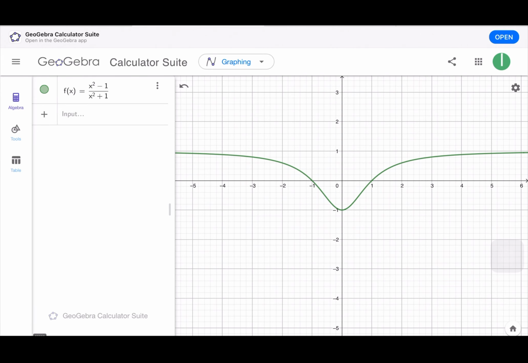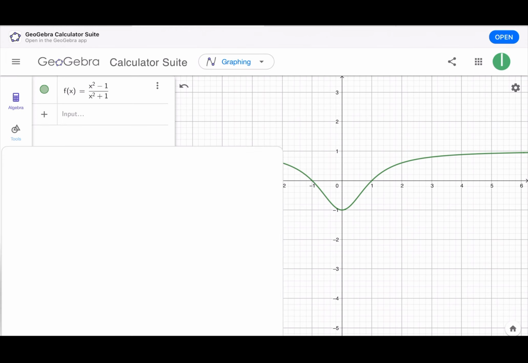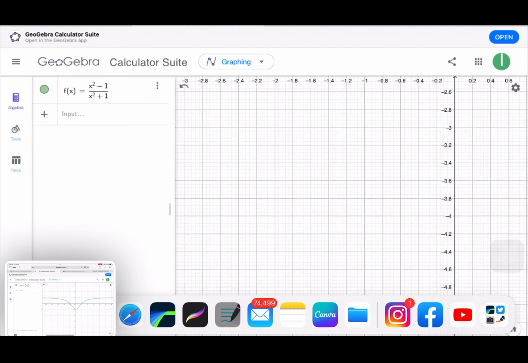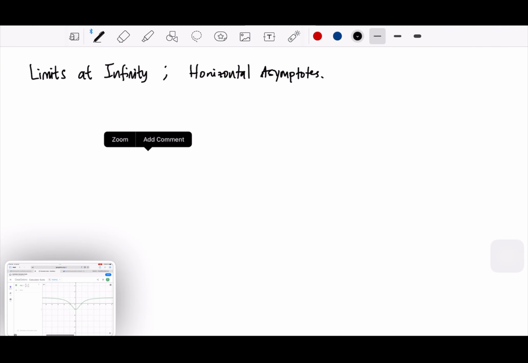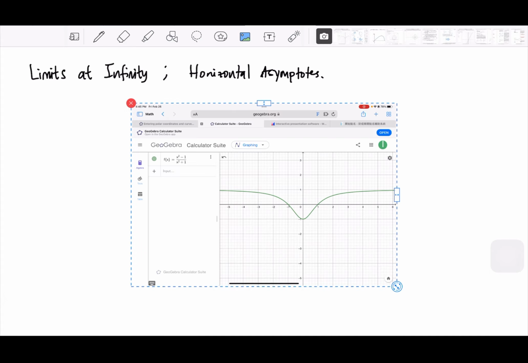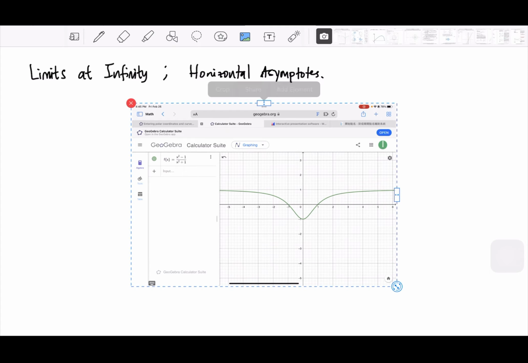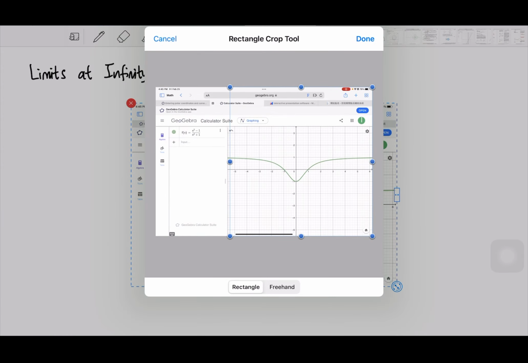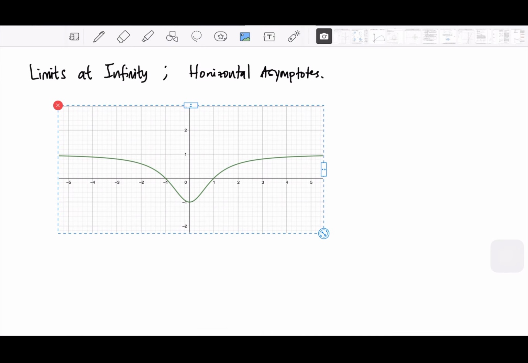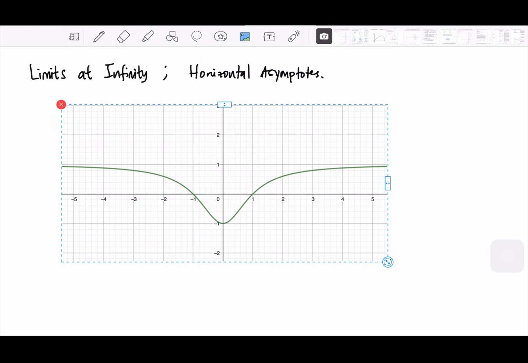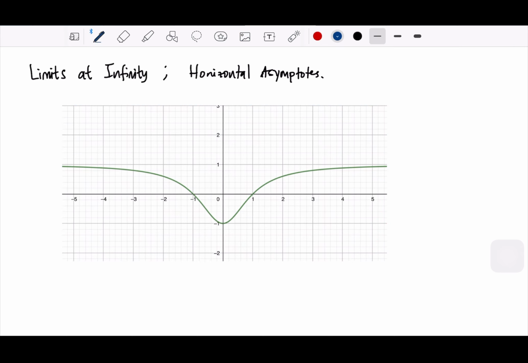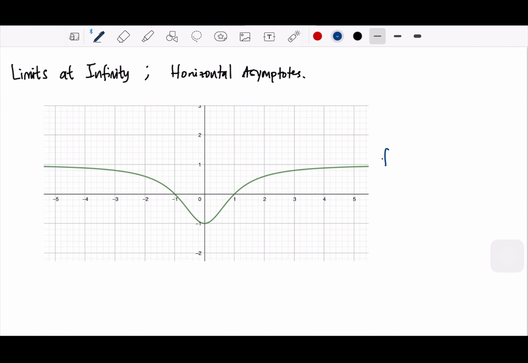Okay, let me take the screenshot and move on to our subject here. Okay. Let's say these are functions. Let me write the functions here.